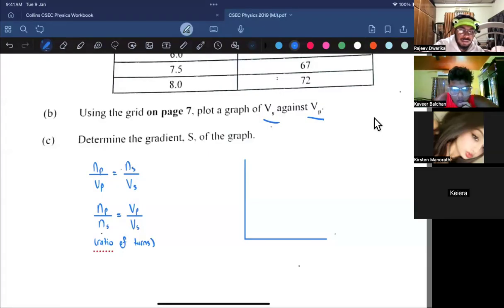The y-axis will be VS. Yeah, VS is on the y-axis and VP on the x-axis. Gradient is the change in y over the change in x. So when we find the gradient, you're effectively finding VS over VP. Keep that in mind.